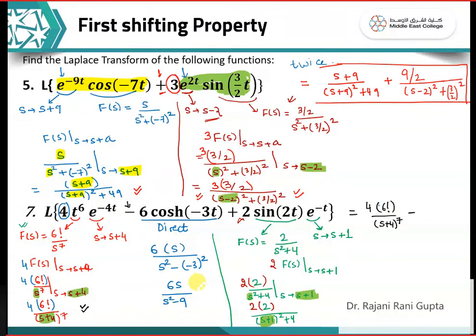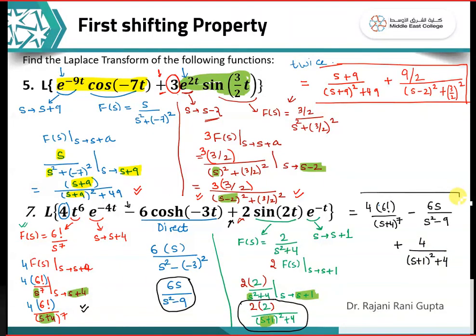So minus the second term, which is the Laplace transform of the second term, 6s over s square minus 9. Then in between the sign is plus. I'm writing it here because there is no space. The Laplace transform of the third term, which is this one. And 2 times 2 becomes 4 over (s plus 1) power 2 plus 4. So this is the complete solution. I hope it is clear.